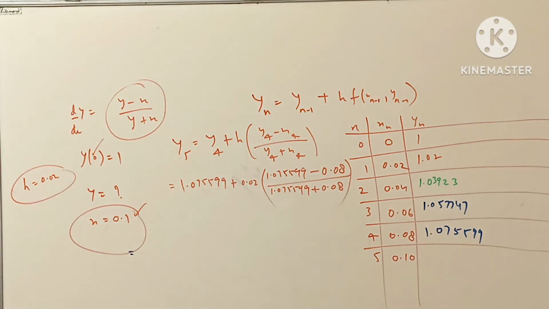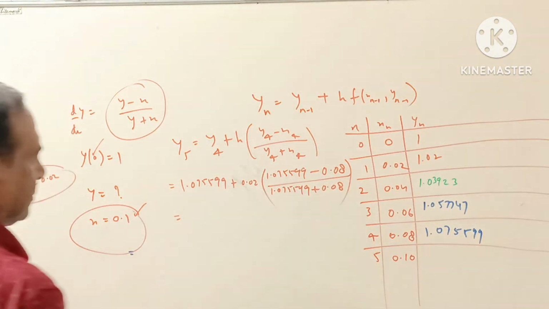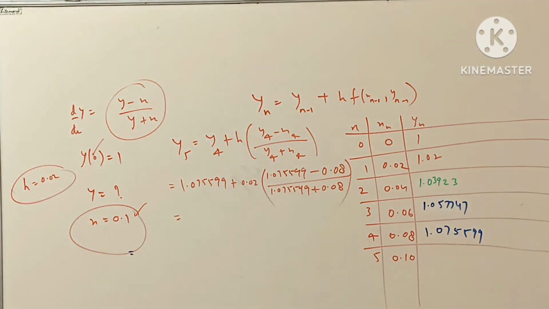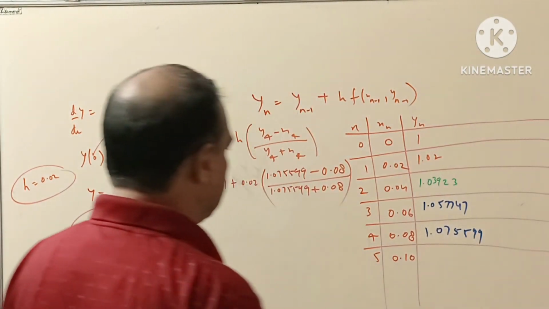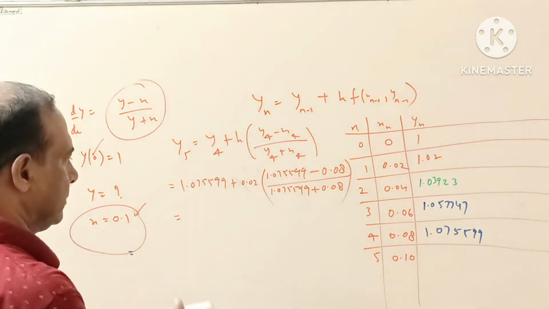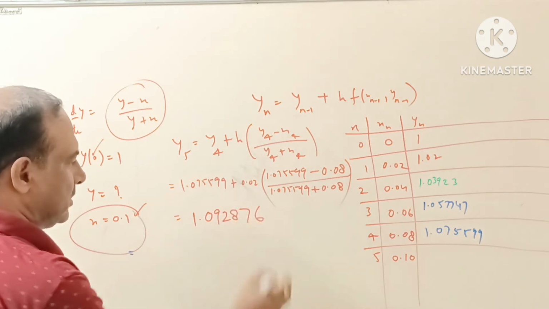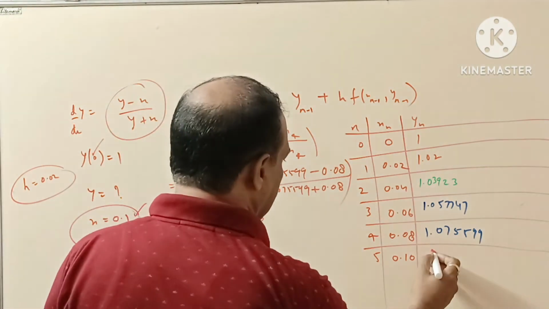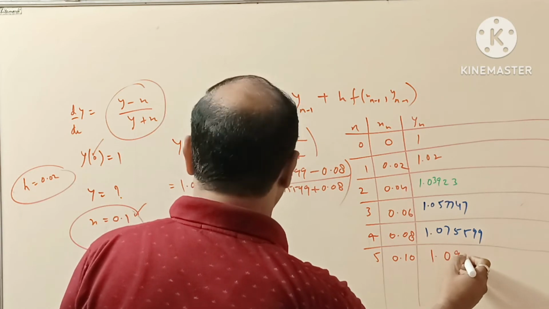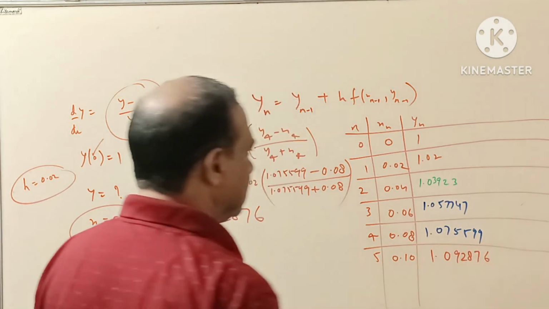Now solve it and start with the answer. Now here 1.092876 will be your value for the last term.